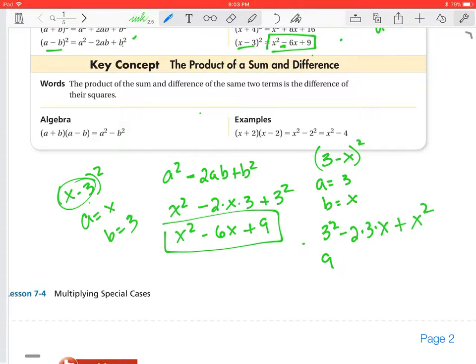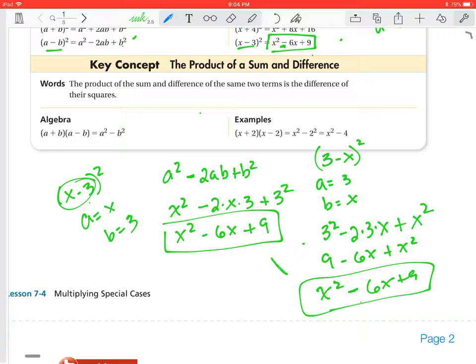So then that's going to be 9 minus 6x plus x squared. Well, we're going to need to write this as x squared minus 6x plus 9. Look at that. It gives us the same answer.